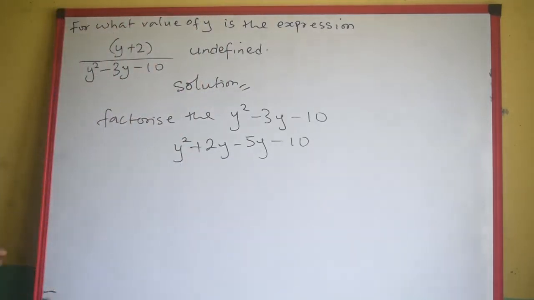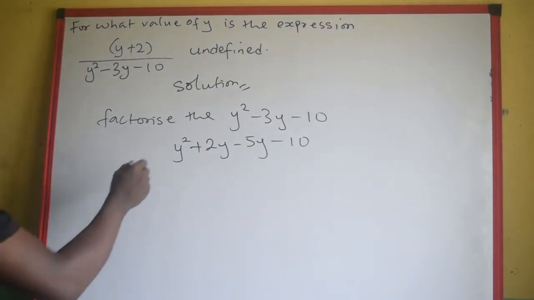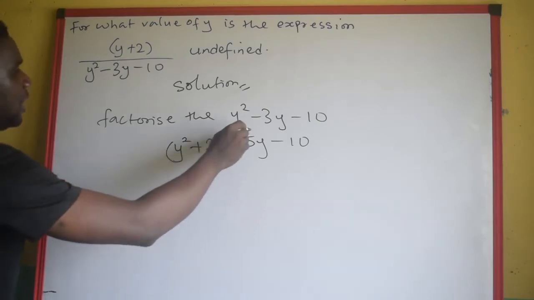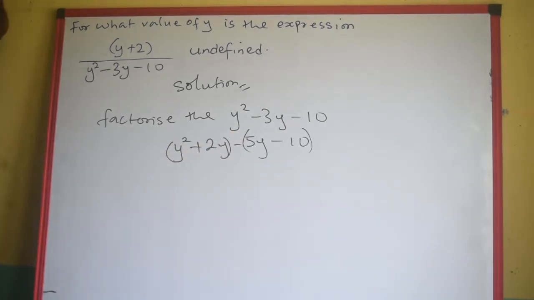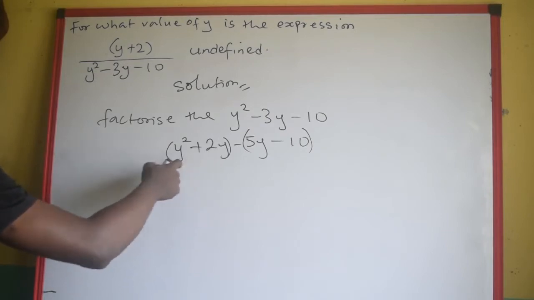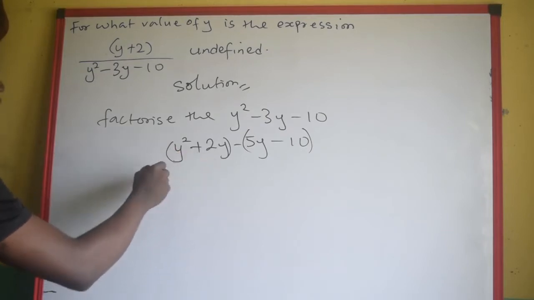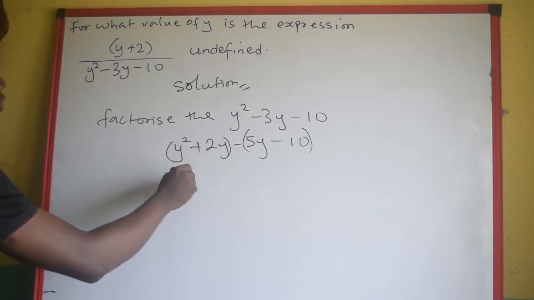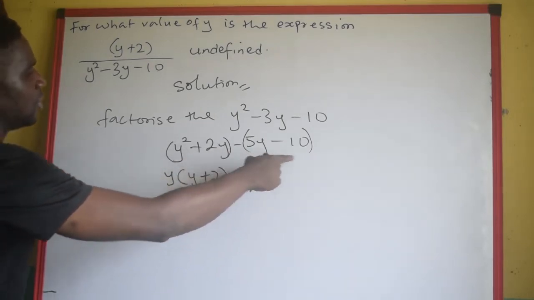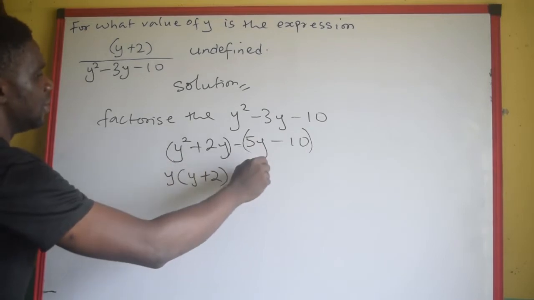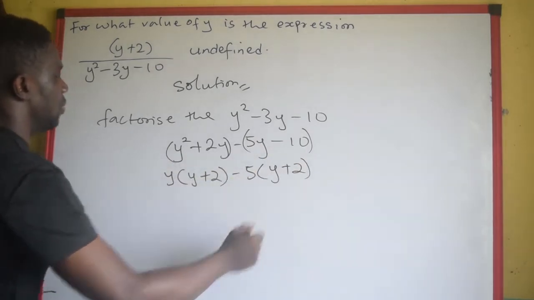Now what we're going to get here will be, we'll put brackets to separate this. We'll factorize the inside bracket. What is common here is y. It becomes y plus 2. We'll bring down the minus. What is common here is 5. We'll factorize it to have y plus 2 as well.